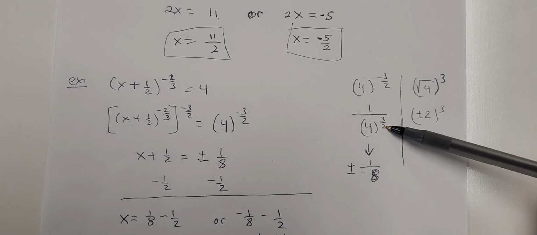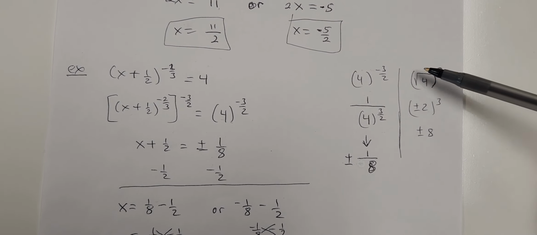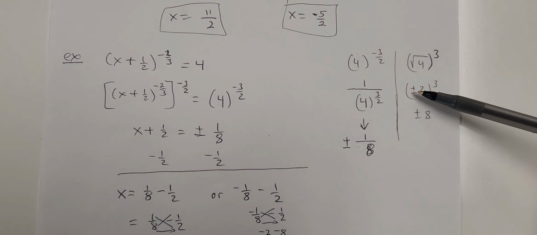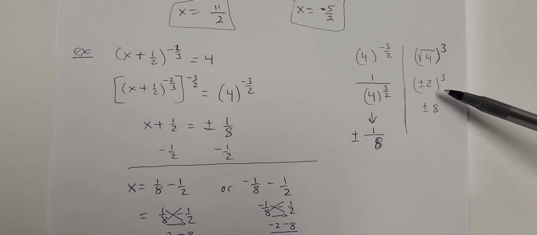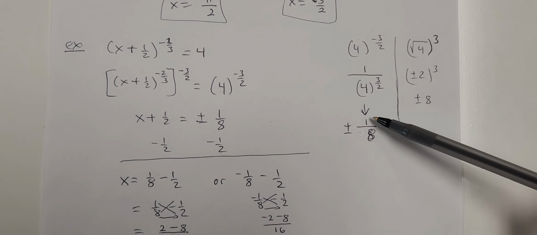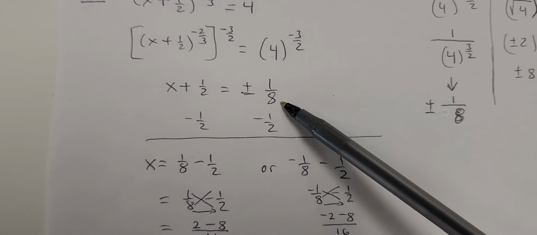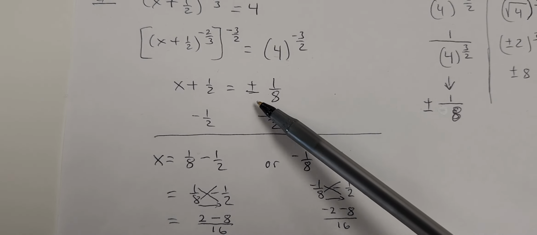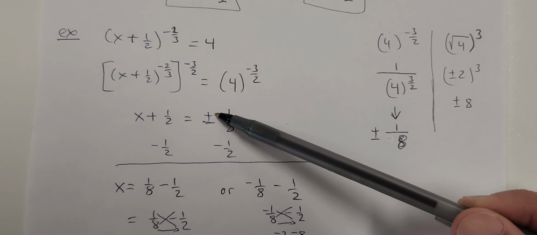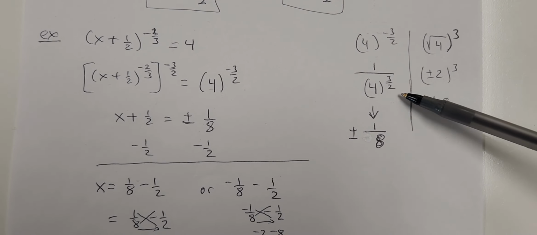Okay, so 2 goes inside, 3 goes outside. Square root of 4, which is 2 because it's even. Don't forget the plus and the minus. 2 to the third is 8. Again, plus and minus. So the whole thing becomes 1 over 8, plus and minus. Where did I get the 1 over 8? The work is over here.